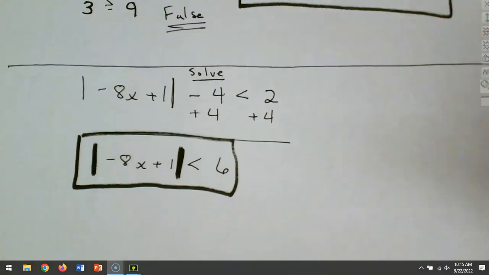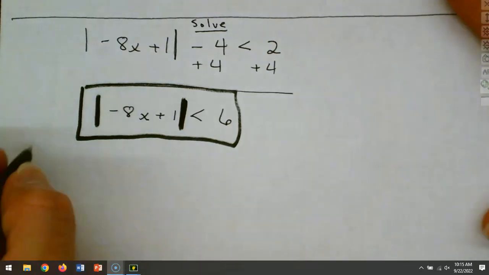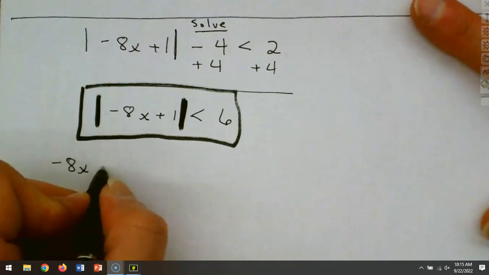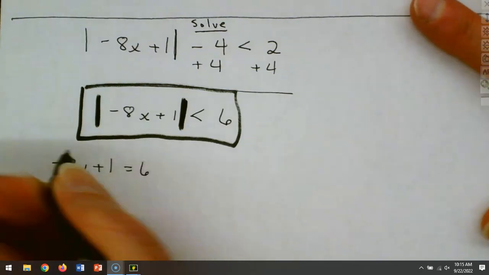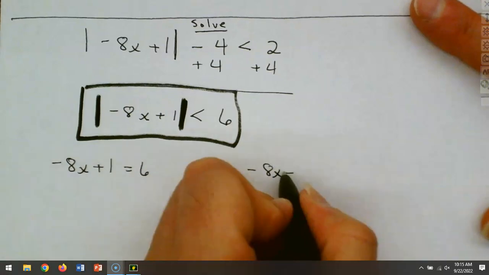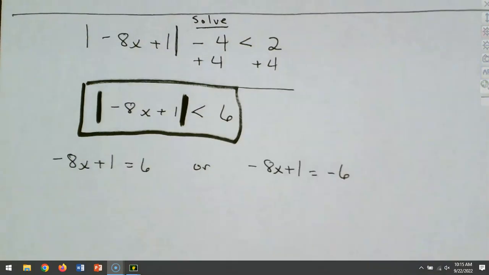So we've got it. I moved it over. This is what we're going to check it in. Now, we need to solve it. So what are my two equations? Minus 8x plus 1 equals 6, or minus 8x plus 1 equals a negative 6, right?